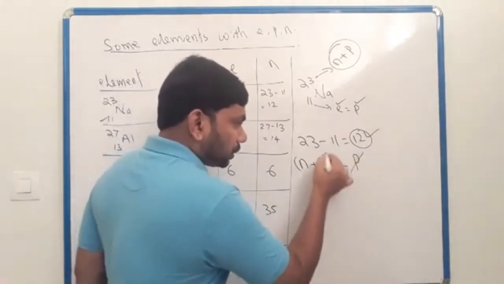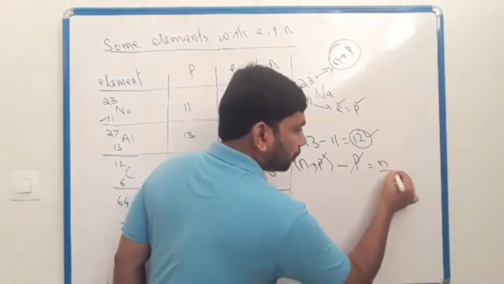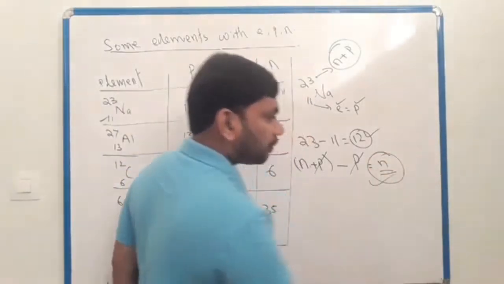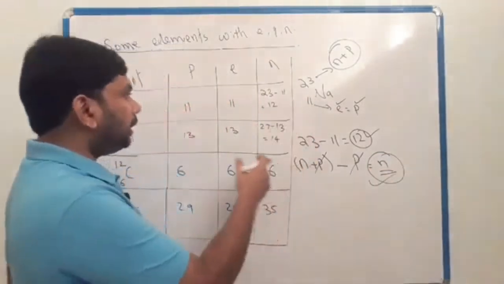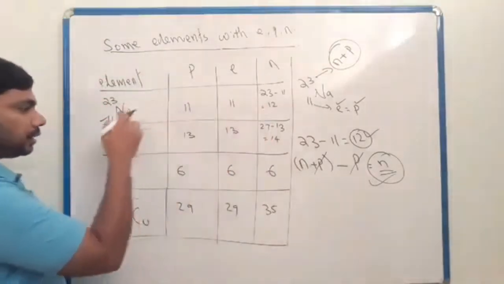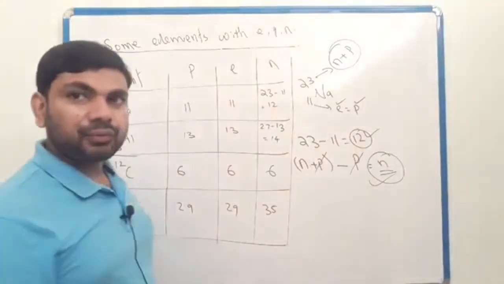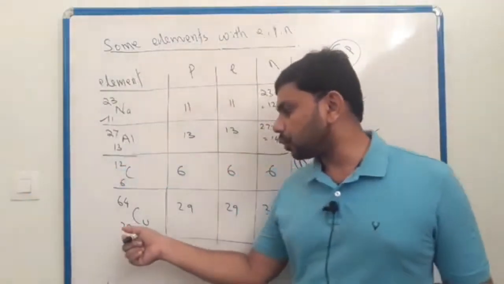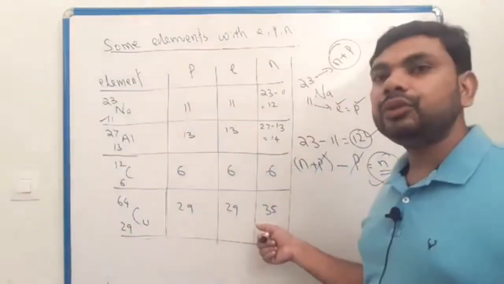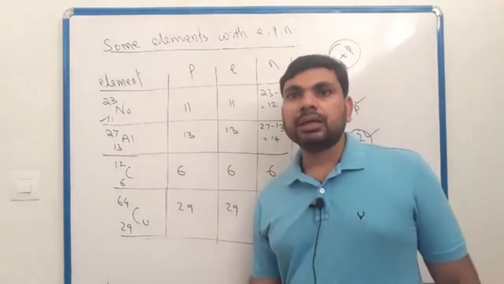So this proton number will cancel out and you will get the number of neutron. So simply when you deduct 23 minus 11, you get the number of neutron. Okay. 64 minus 29 for copper, so 35 neutron. So you can find the number of neutron this way.